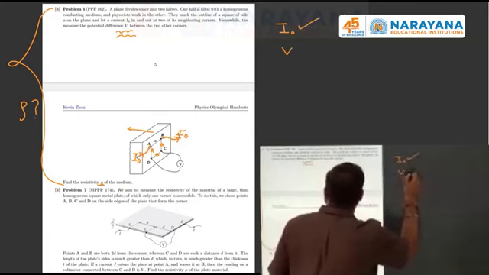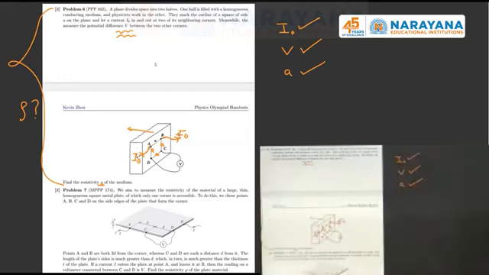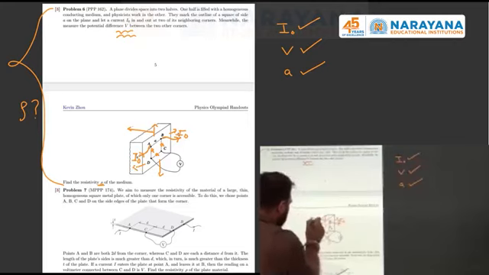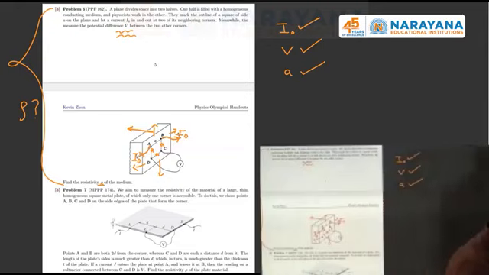V is known for you. A, the edge length of the square, is also given. Resistivity rho is the unknown parameter. And remember, in all these directions, the material is extending up to infinity.